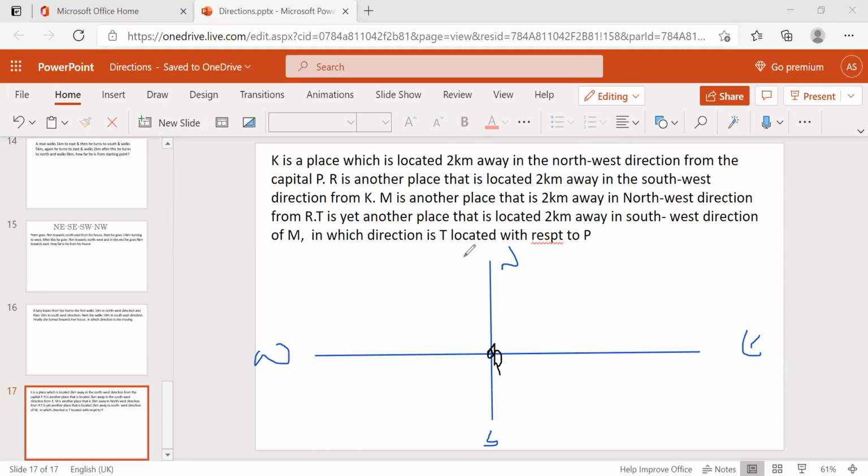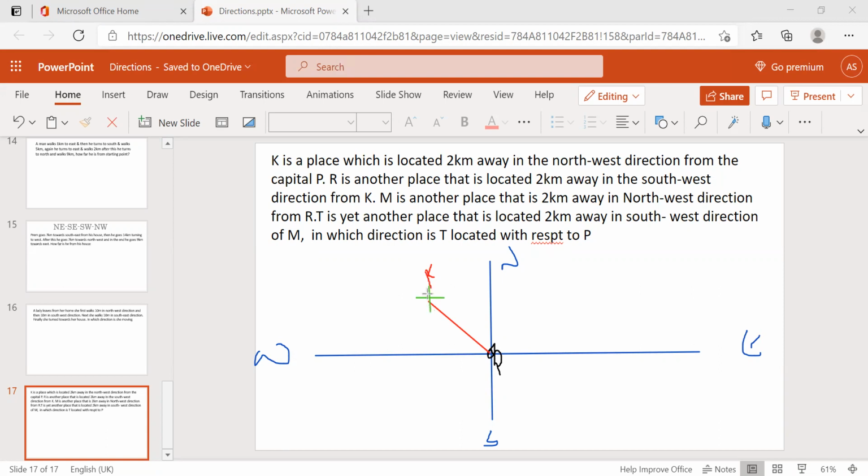Which is the northwest? This only, right? This is the northwest. So K is located from here to here. Think it is K.